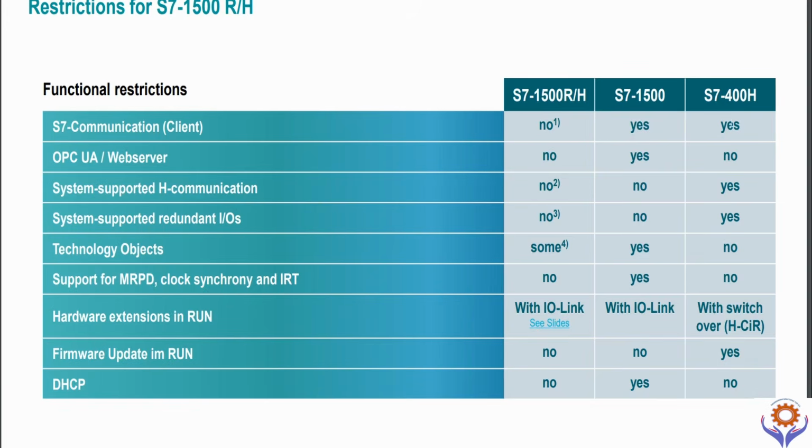For supported edge communications and supported redundant IOs, and also for MRPD synchronization, it is not supported for redundant. With IO-Link, yes, it's supported, and firmware update in runtime is not possible, and for DHCP, it should be fixed. All this will mostly be supported in the normal S7-1500 CPUs.